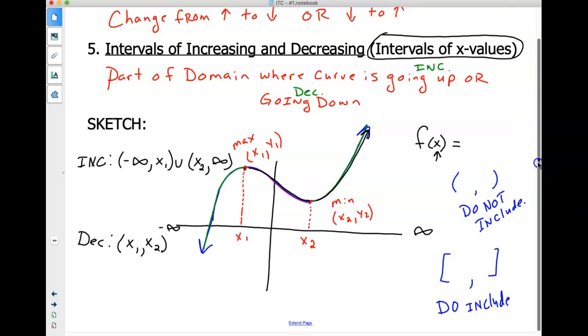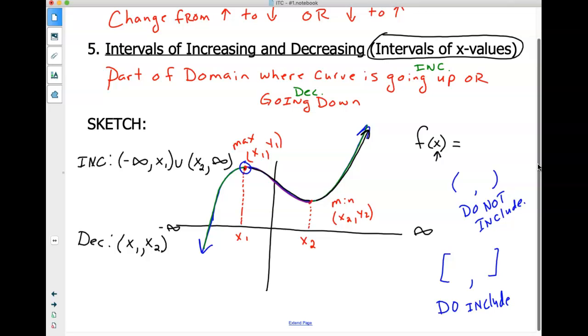And basically in calculus, when you are talking about intervals of increasing and decreasing, it really does not matter, okay? Unless this point right here, that x value, is not in the domain, meaning if that's an open hole, then I could not use a bracket. Otherwise, if you always use parentheses, you're fine.